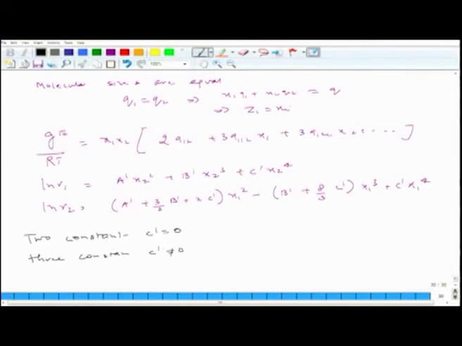Here A's and B's are connected to the Wohl's coefficients, for example, A dash is nothing but Q 2A12 plus 6A112 and so forth. Similarly, B dash is Q 6A112 minus 6A122 and so forth. Once you derive, you should be able to find all these things.